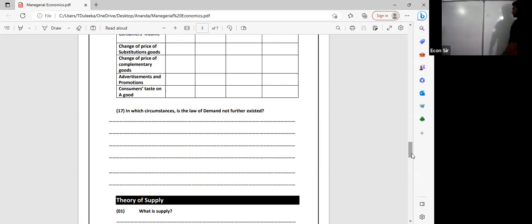First thing is, please write down, in case of given goods. In case of a given good.